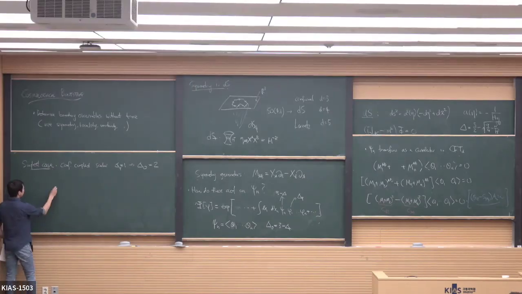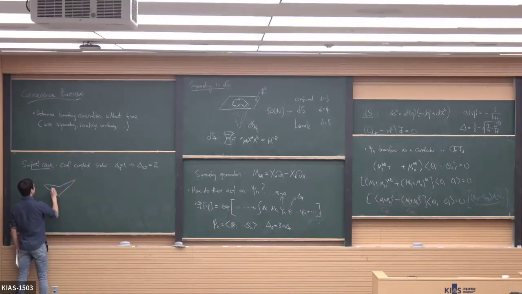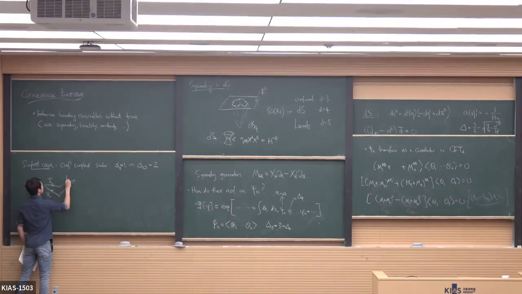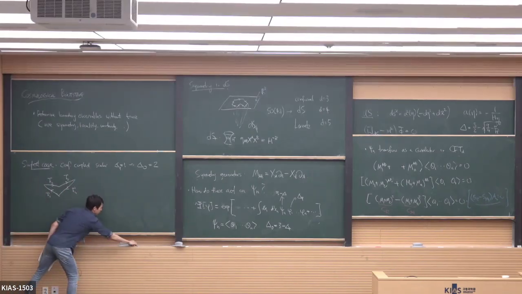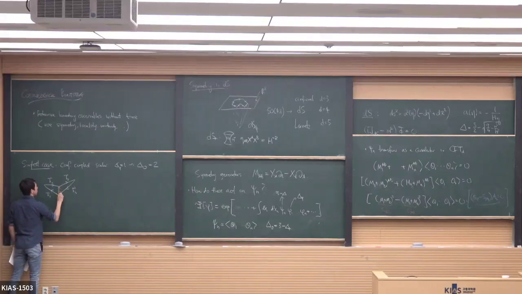All right. So first of all, some kinematics. Because we have a 4-point function in momentum space, the spatial momenta sum up to 0 by spatial momentum conservation. So we have K1, K2, K3, K4, and then we also have an internal momentum, which I'll call Ki.